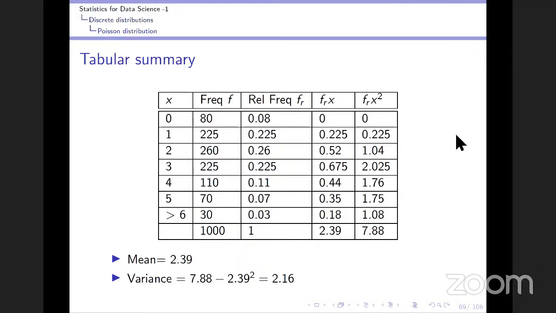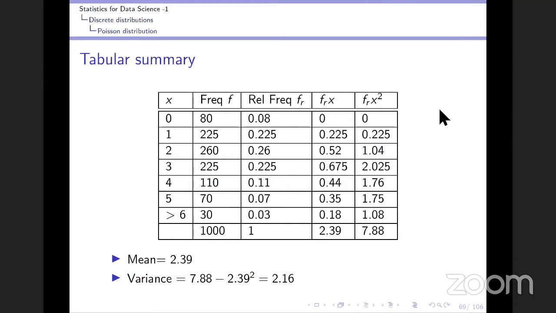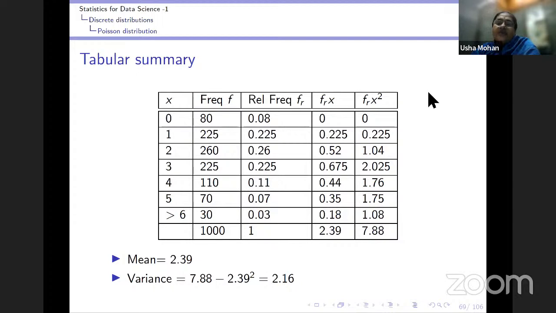From this data, I would want to know what kind of distribution can be applied here. I would request you all to go through the lectures. Prashant, have the lectures been uploaded on Poisson? Yes, ma'am. On hypergeometric and Poisson have been uploaded on the portal. Okay. So in that, I have given you the derivation of the probability mass function.